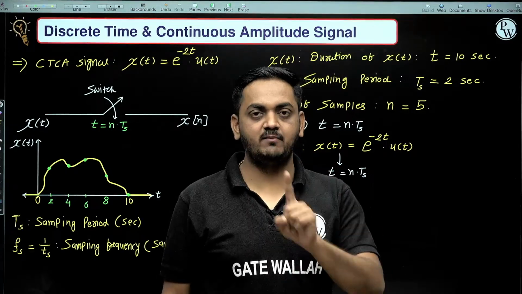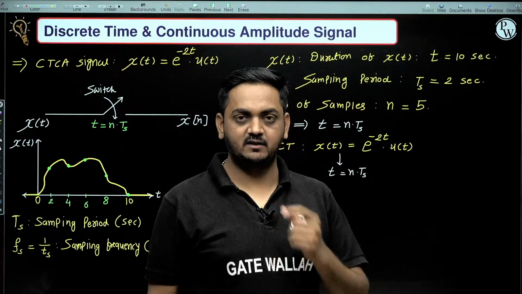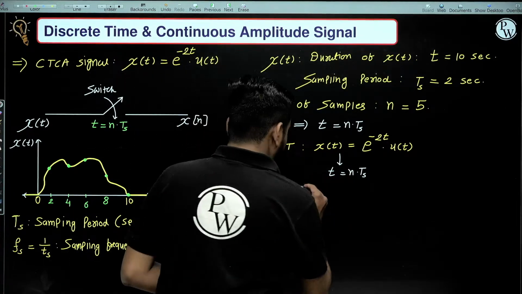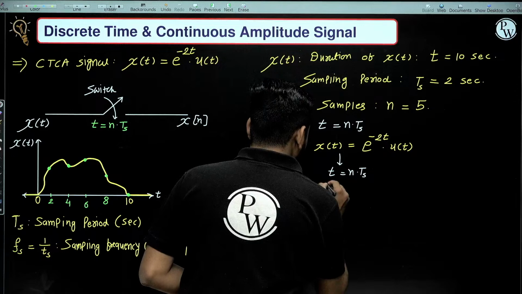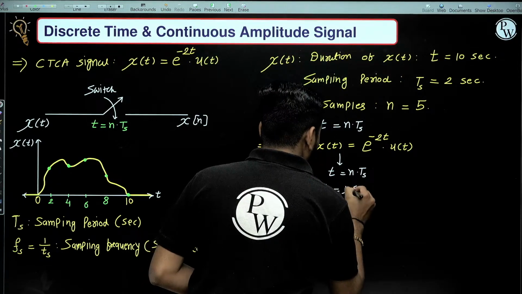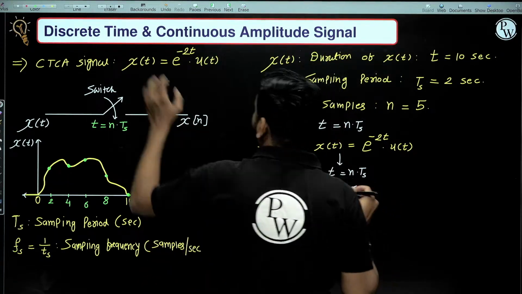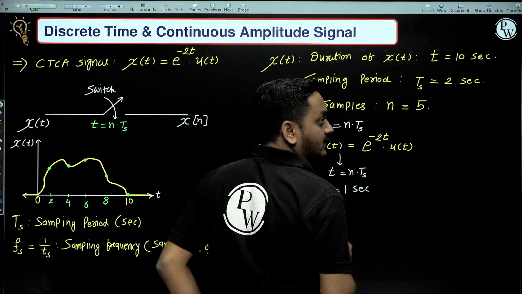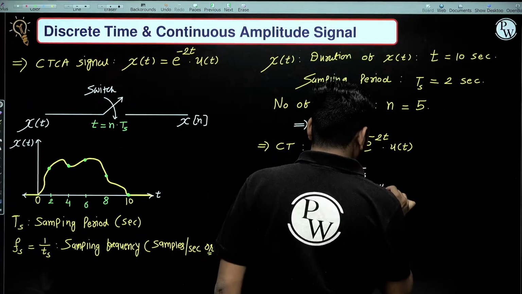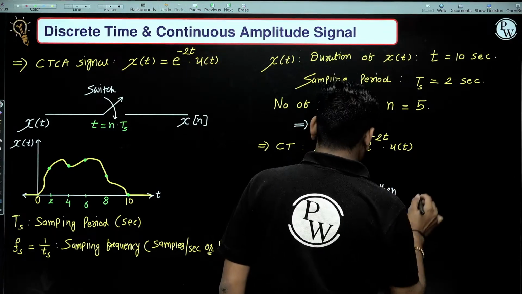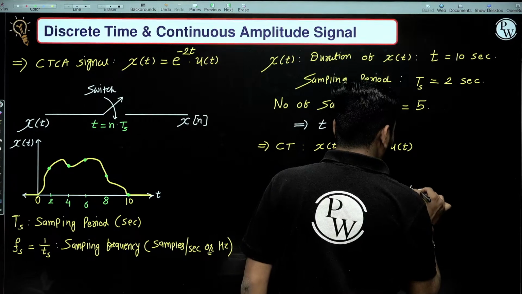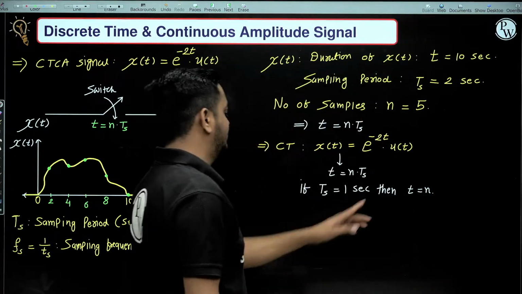If the sampling period Ts is equal to 1 second, then t equal to n, guys.